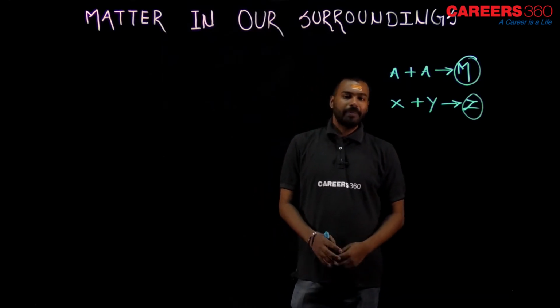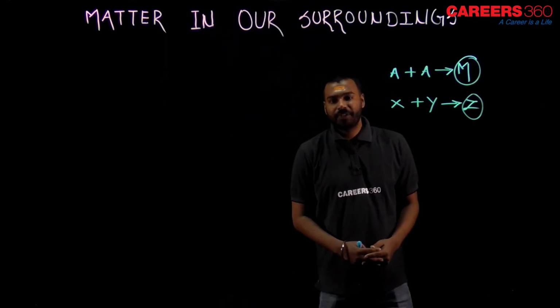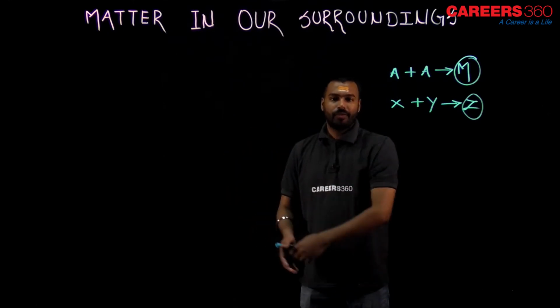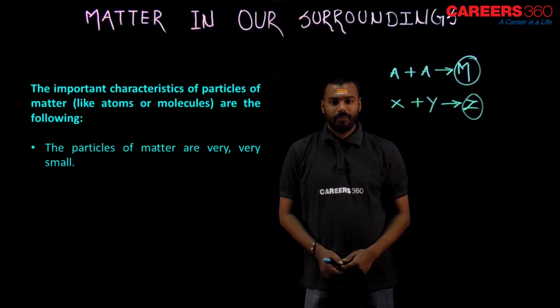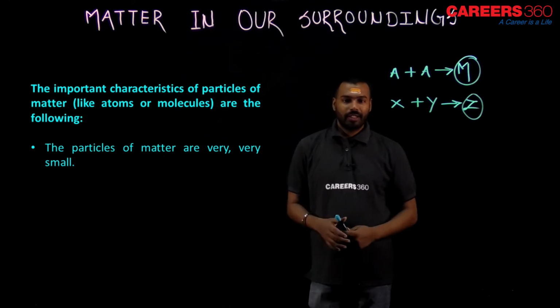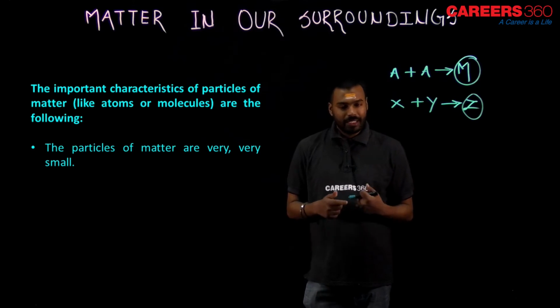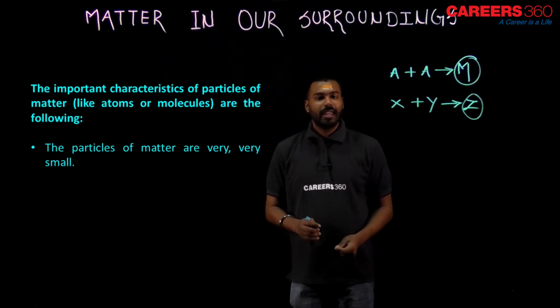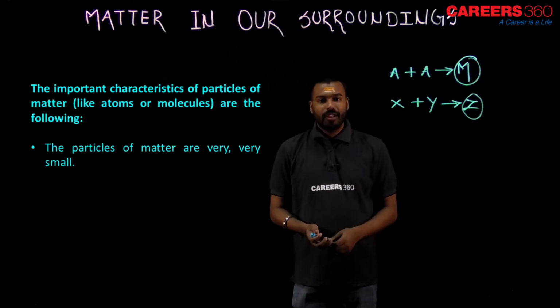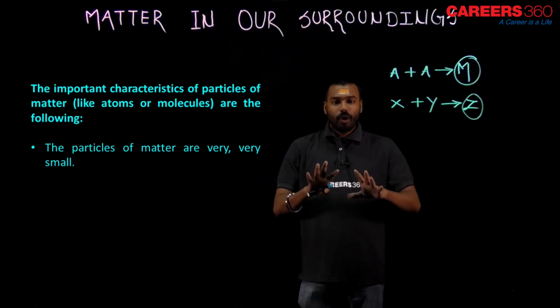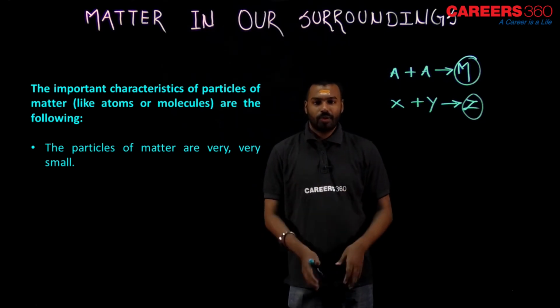Let me tell you about the very first point of the characteristics of particles of matter now. Dear student, the first point is that the particles of matter are very small. Atoms are very small. You can't see an atom, and even with an ordinary microscope you cannot see the atom.